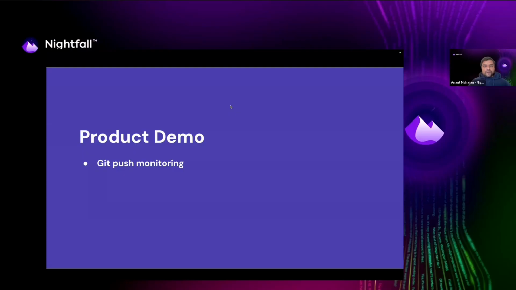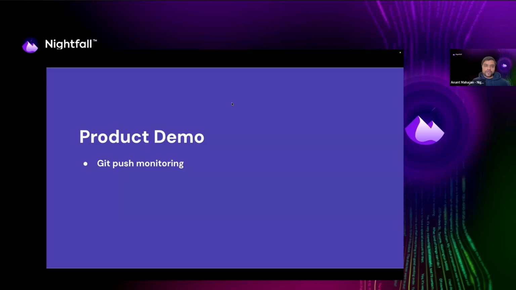The gist of it is that our latest endpoint release does have support for Git push monitoring, and it's supported across GitHub, GitLab, and any capability that uses the Git protocol underneath.